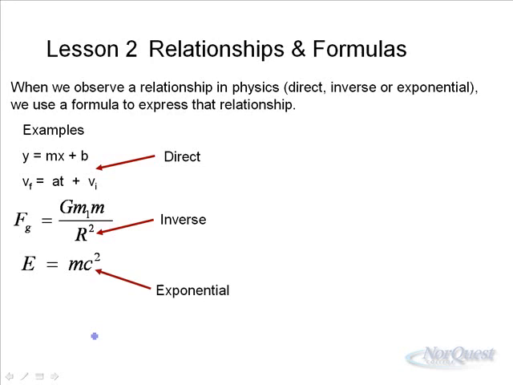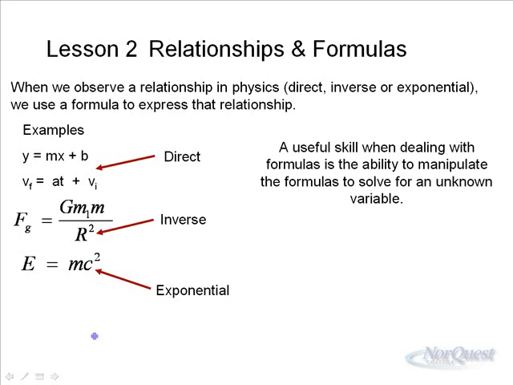And when you study particle accelerators and so on, you'll see that especially with relativity, these exponential effects are quite significant. All right? So those are exponential, inverse, and direct relationships.